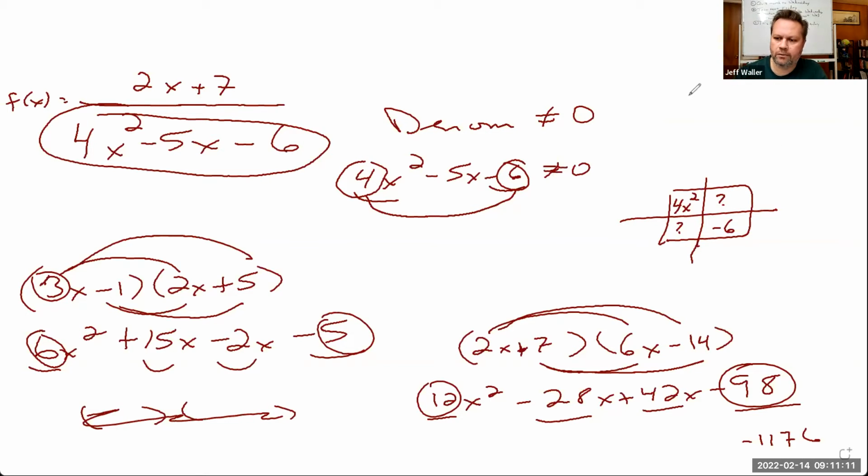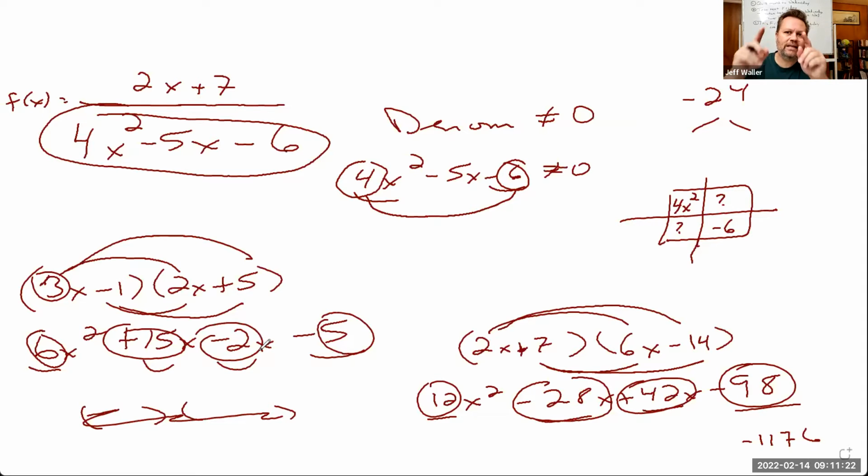So I get negative 24. Remember the two middle numbers have to multiply to be the same thing that the two outer numbers multiplied to be, correct? So if I multiply the first and the last numbers, that tells me what that special number is. Now, what factors of negative 24 make negative 5 when you add them?